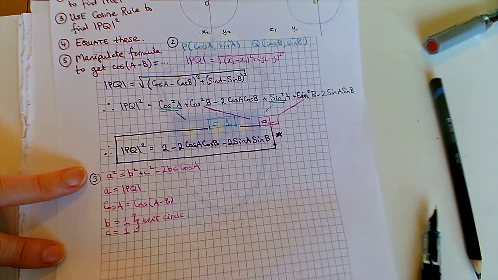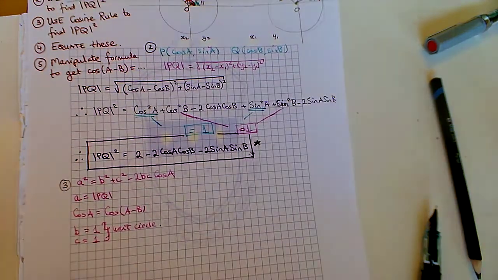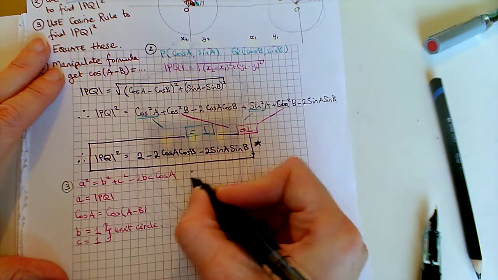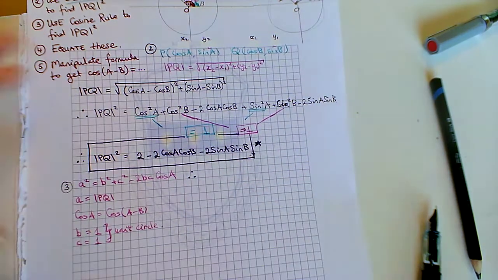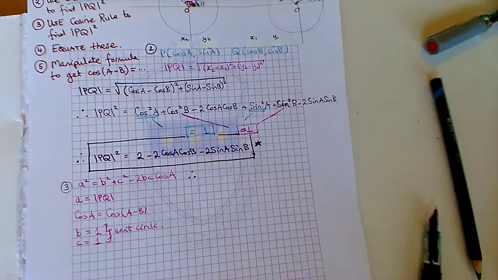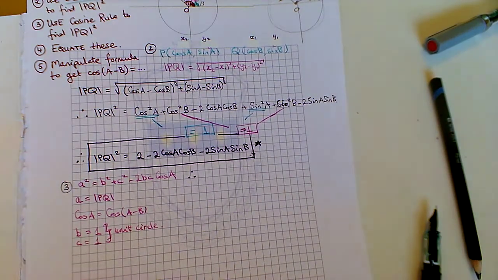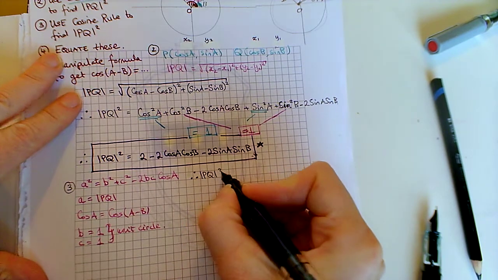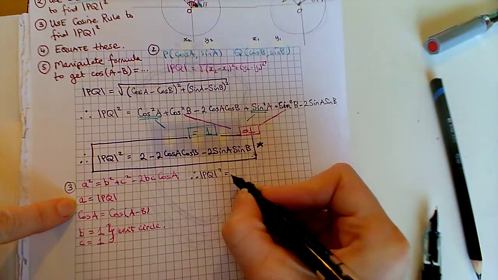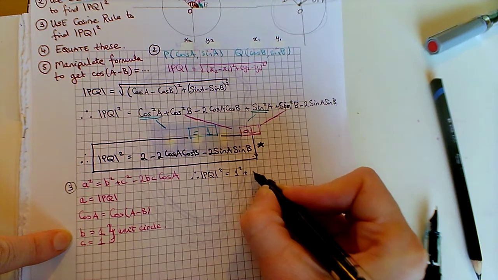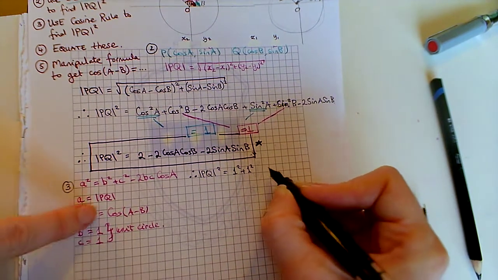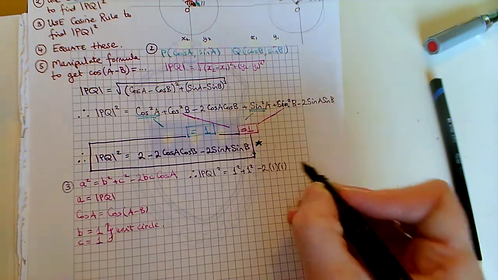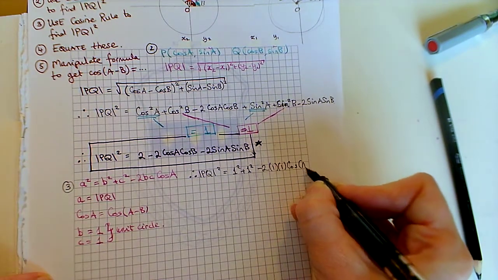And what I get filling into my cosine rule formula, which we proved last week, is that PQ all squared, so the distance from P to Q squared, because that's a squared, is equal to b squared plus c squared minus 2bc by cosine of the angle in between them.